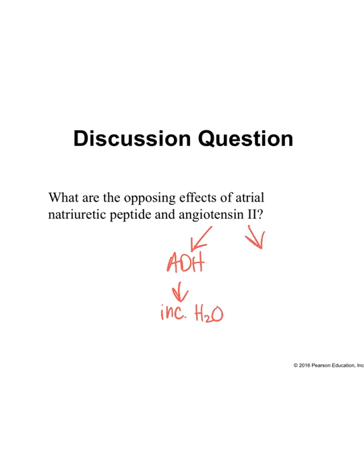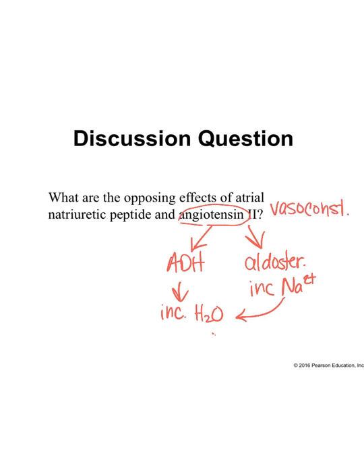It also is going to increase aldosterone, which increases the amount of sodium we're keeping, which therefore also increases the amount of water. And angiotensin also is a vasoconstrictor. Because if we're wanting to keep water, that means blood pressure is too low. So if we have constriction, that will increase it.